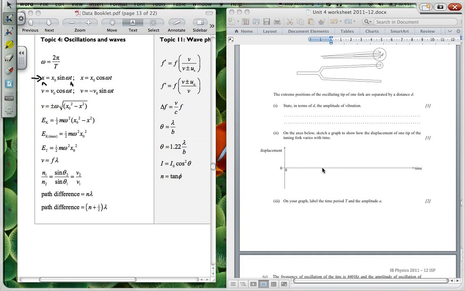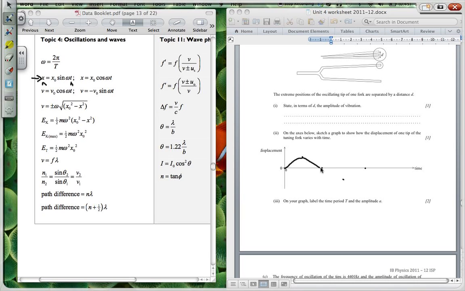I hope you will draw yours better than I will, because I'm not very good at sketching with this pad. Let me start with a positive. I'm going to use a sine graph, and I'll go positive and I'll go negative there. So we're going to get something like this.